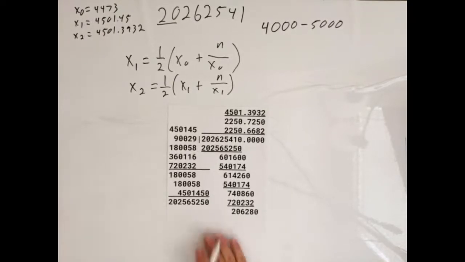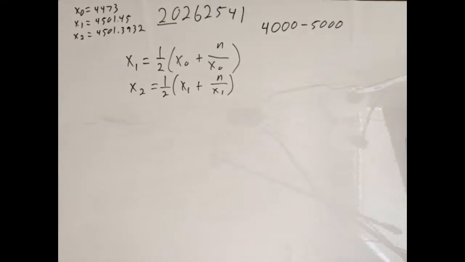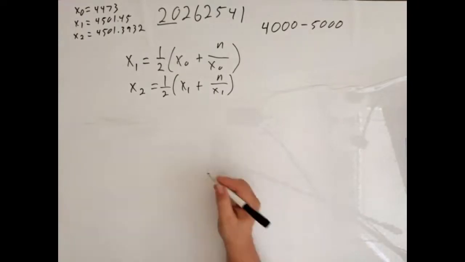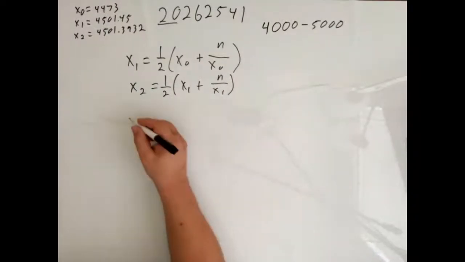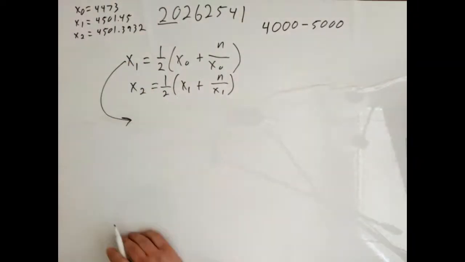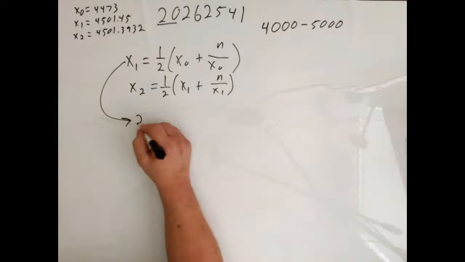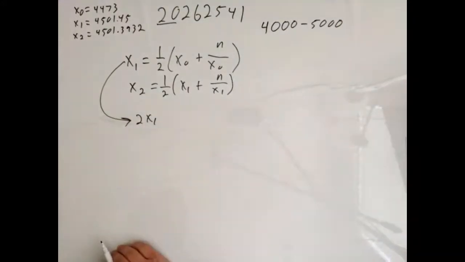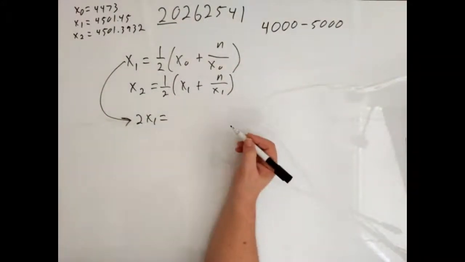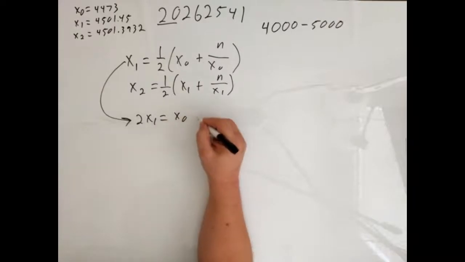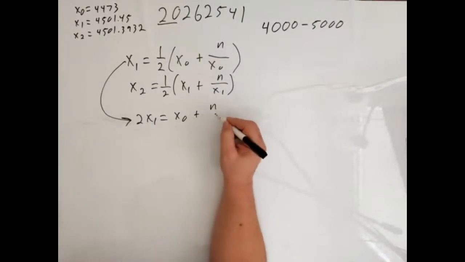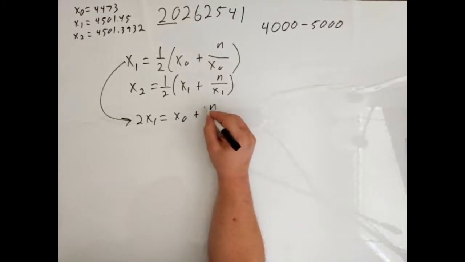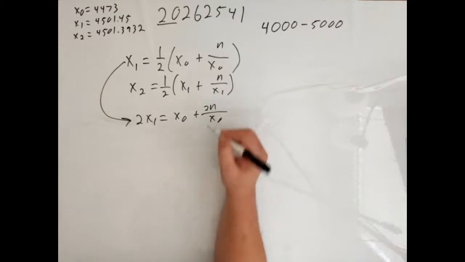Why did we do that? Well, let's unwind this algebra a little bit. If we take this and we double it, and I'm going to move this down here, 2x1 equals x0 plus n over x0.